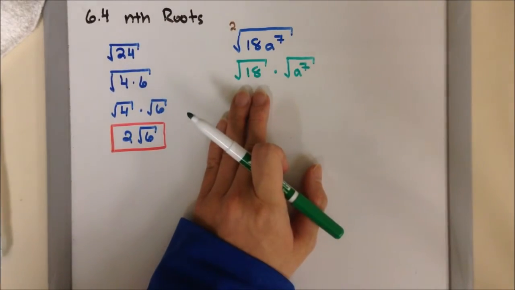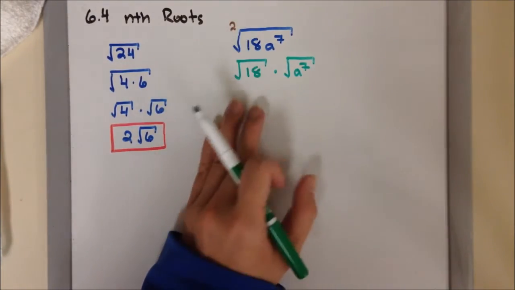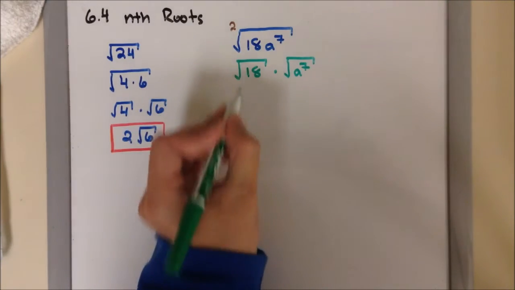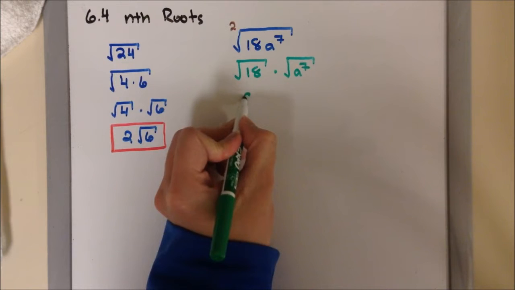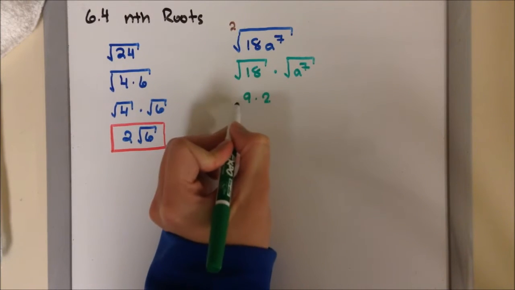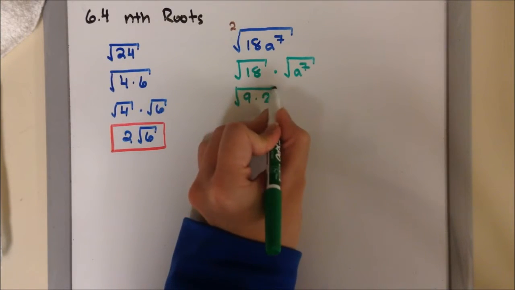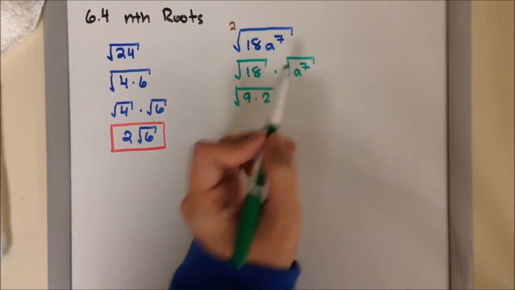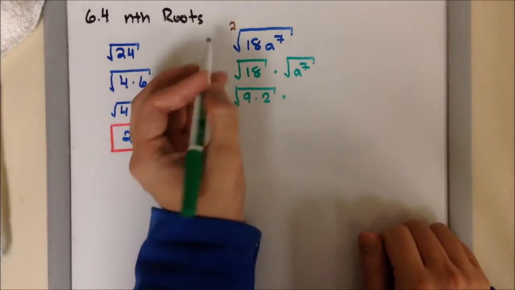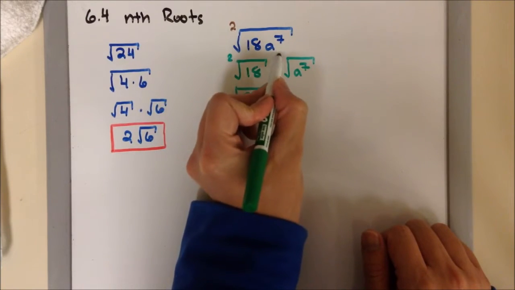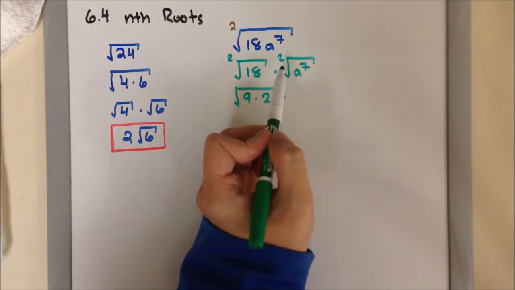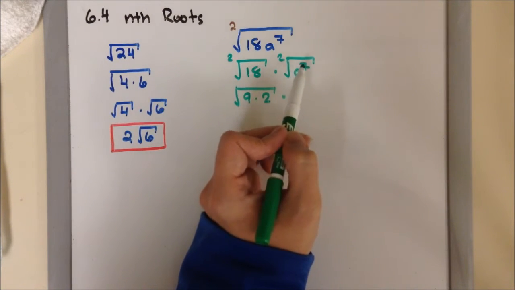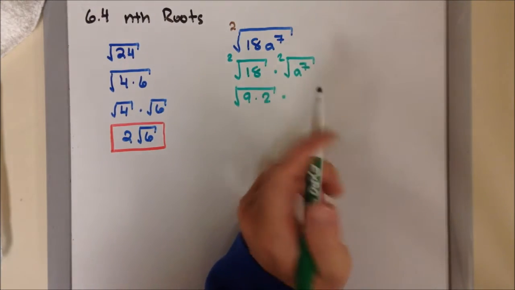Now 18 is not a perfect square number, but you can break it into two numbers where one of them is. So here I would break it into 9 times 2. Now a, when we're dealing with square root, remember, the square root has an invisible 2 outside. So basically we're going to check, can 2 go into 7 as a whole number? In this case, it cannot.